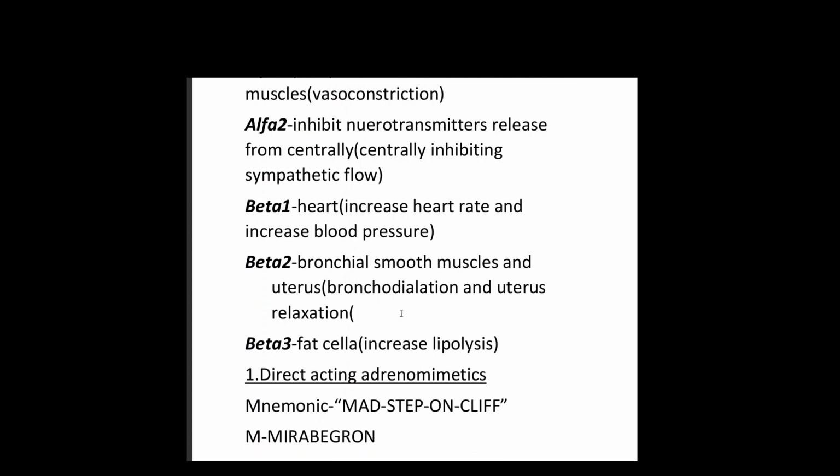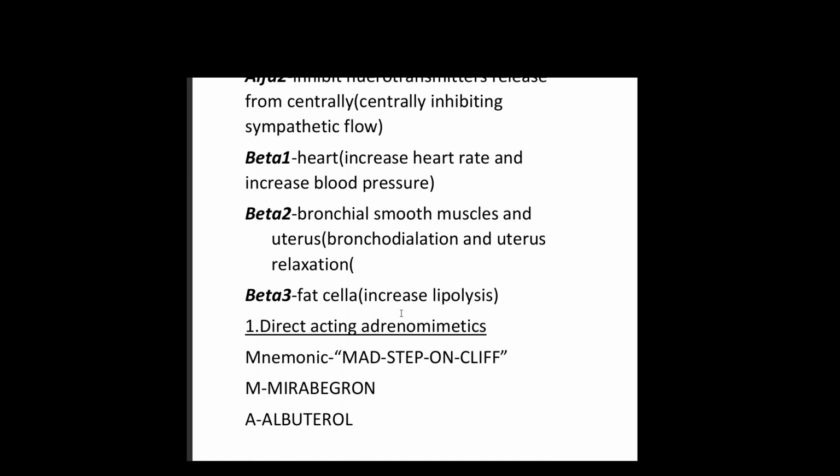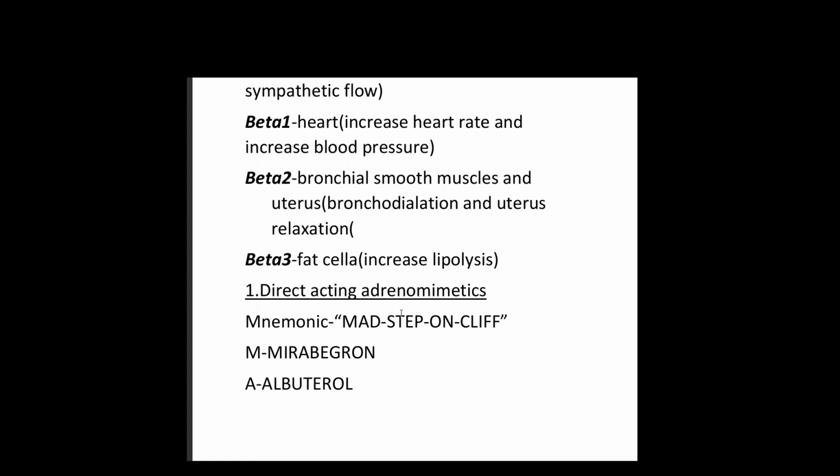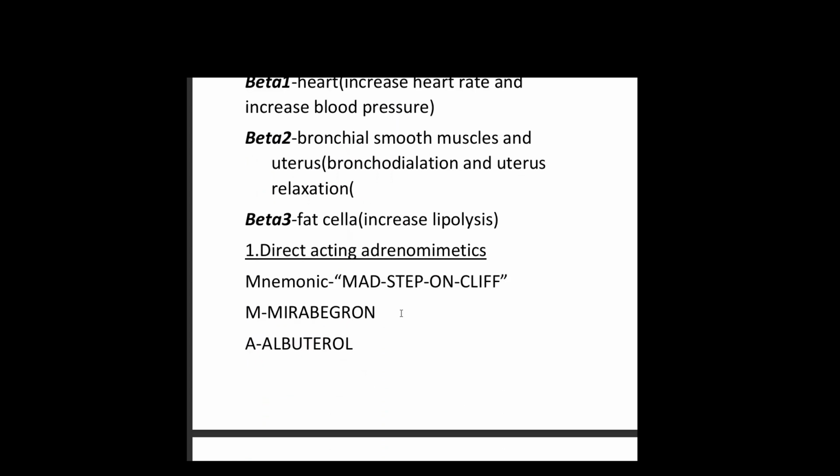Next, the beta 1 is in the heart. In the sympathetic system, it will increase heart rate, and as a consequence, it will increase the blood pressure, also due to the peripheral vasoconstriction. Next, the beta 2: bronchial smooth muscles and uterus, bronchodilation and uterus relaxation. So we are talking about the sympathetic nervous system.